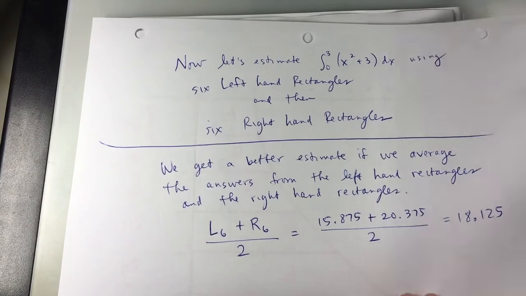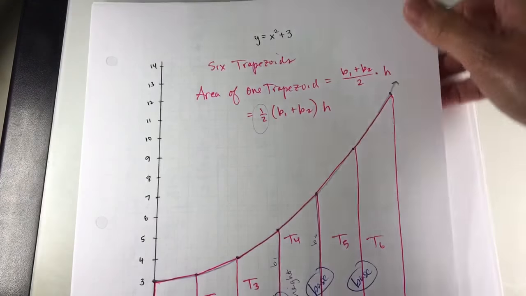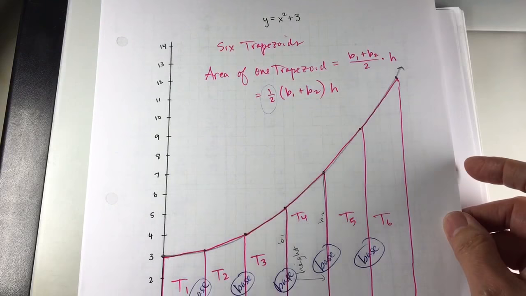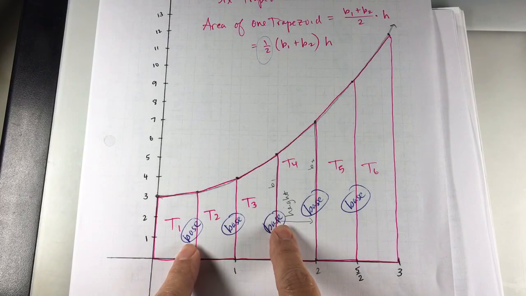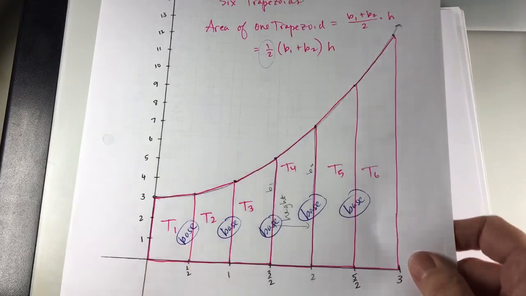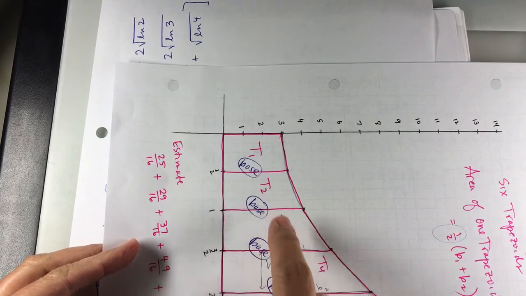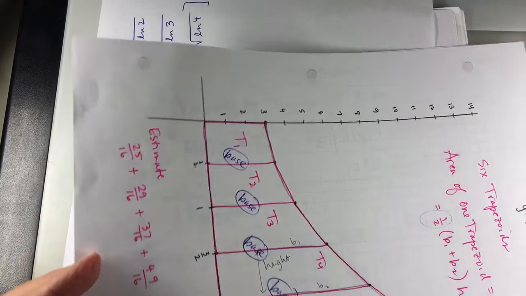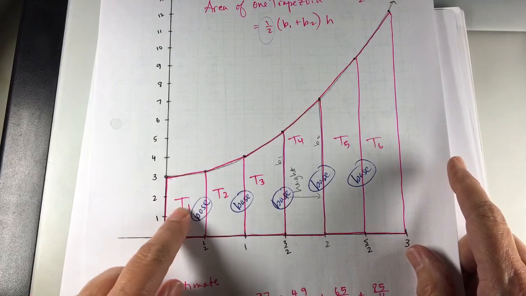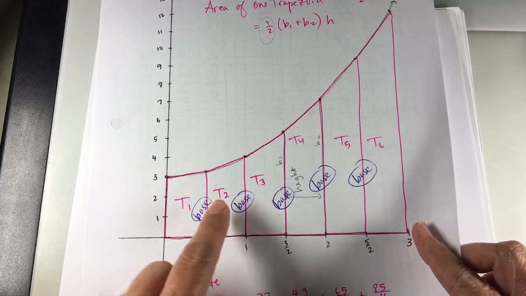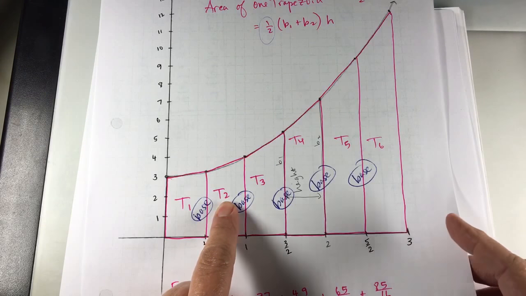There's a formula for the trapezoidal rule, although here it is on my graph, where we drew in the trapezoids, and I made a note that these bases, if you turn it sideways, you have those parallel lines forming a trapezoid if you want the parallel lines going the other way. But these occur twice because this one is in trapezoid 1, and this one is also in trapezoid number 2.